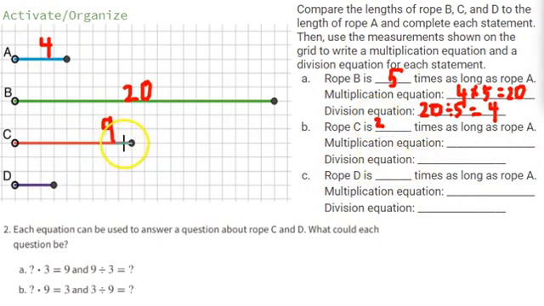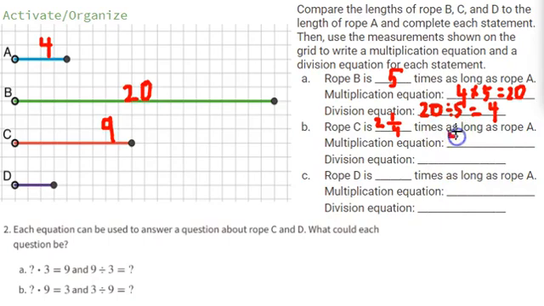But we still have one more. So what do you multiply 4 by to make one more? Yeah, 1/4. So rope C is 2 1/4 times as large as A.